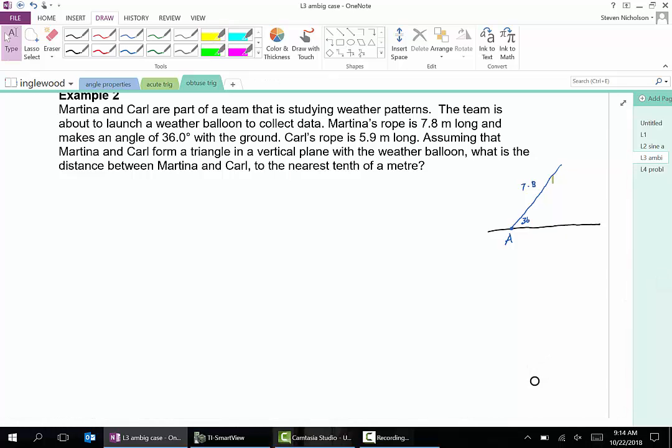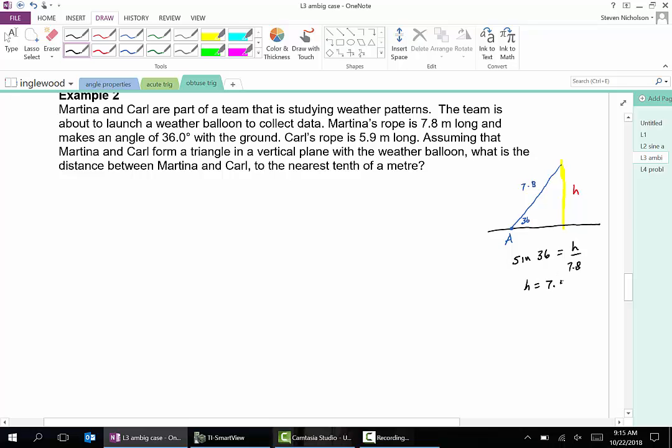Just like that solar panel example, we can figure out the height of this right triangle. And it's really easy to do. And if we know something about this height, then we have a way better idea of how many triangles we can actually make. So in this one right here, we know the sine of 36 is equal to h over 7.8.